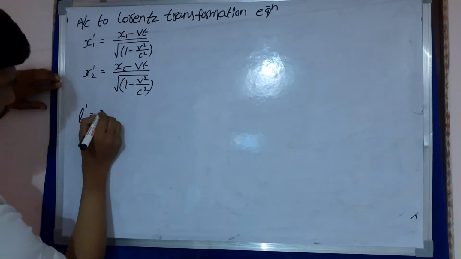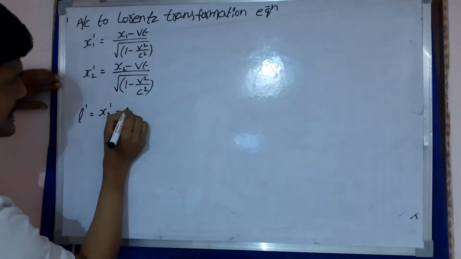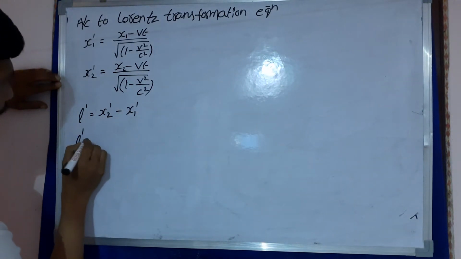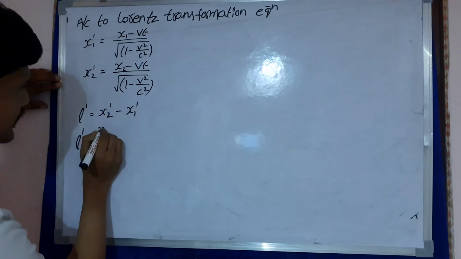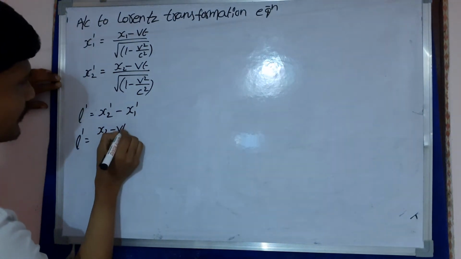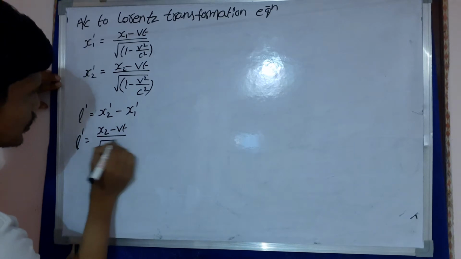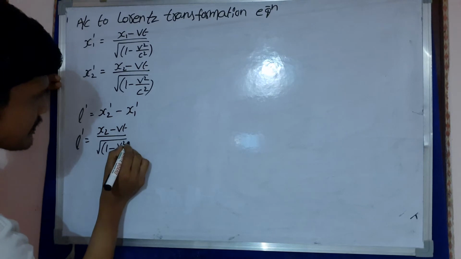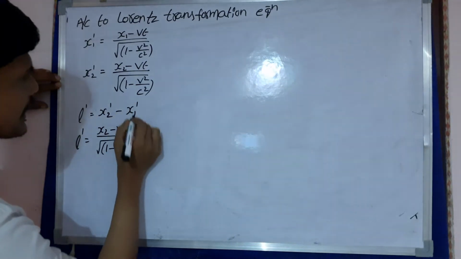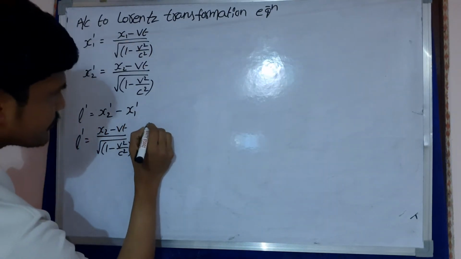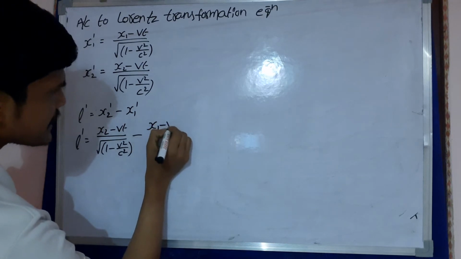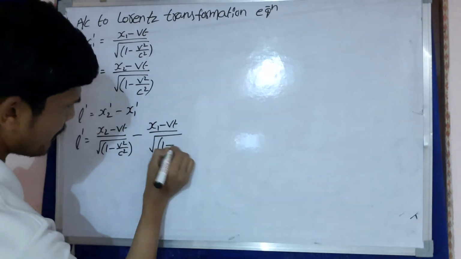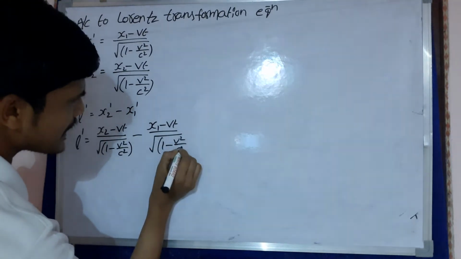So L dash equals x2 dash minus x1 dash, which is x2 minus vt by root over 1 minus v square by c square, minus x1 minus vt by root over 1 minus v square by c square.